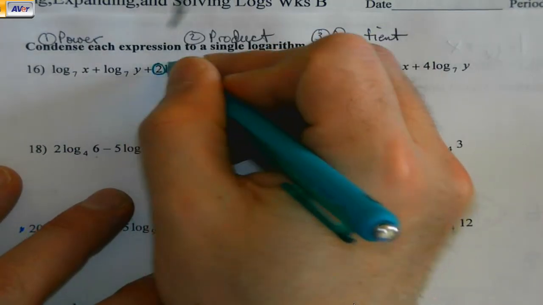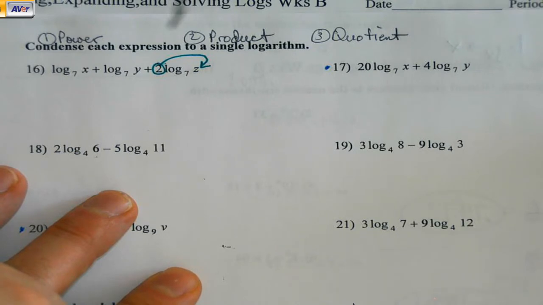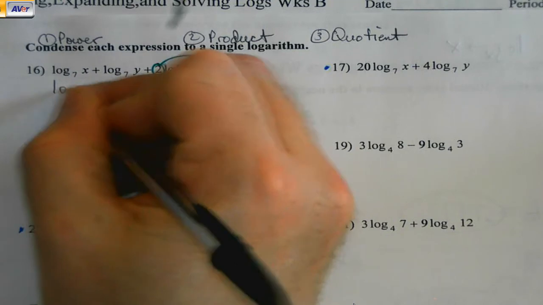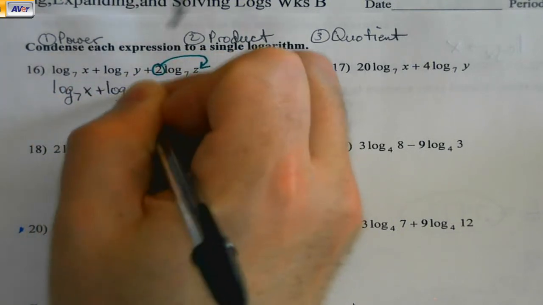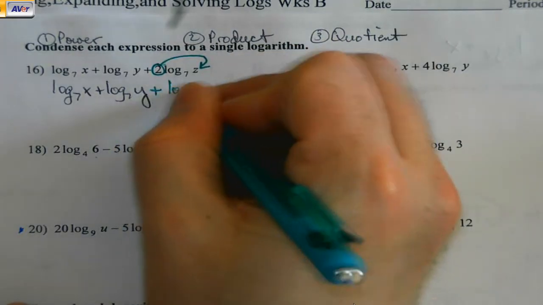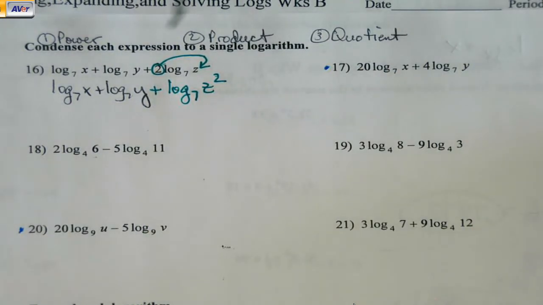Okay, power in this case means coefficient to exponent. I'm not going to do anything else yet. I'm going to recopy the other stuff. But on this last one, that 2 is going to swing around and become z squared.